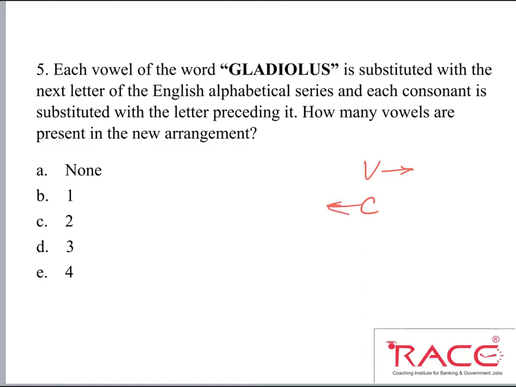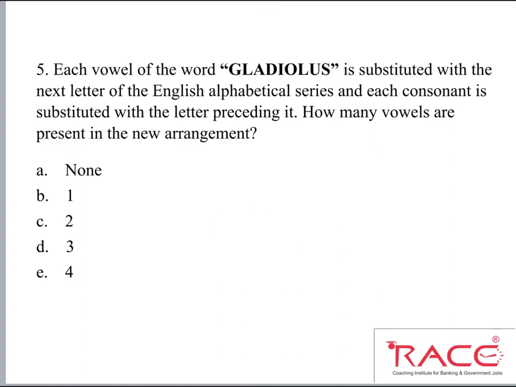So what is the next letter or previous or preceding letter? If I talk about P, so what is the following letter or next letter? Q, and preceding is O. So in case of vowel, we have to substitute it with the next letter. When we get a consonant, we have to substitute it with the previous letter.